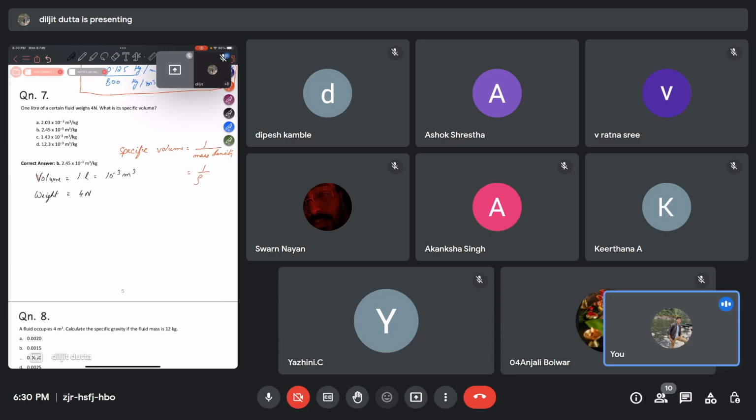What do we need? If we have the weight and volume, we can find the specific weight. What is specific weight? Specific weight is given as weight by volume, which is equal to 4 Newton divided by 10 to the power minus 3.